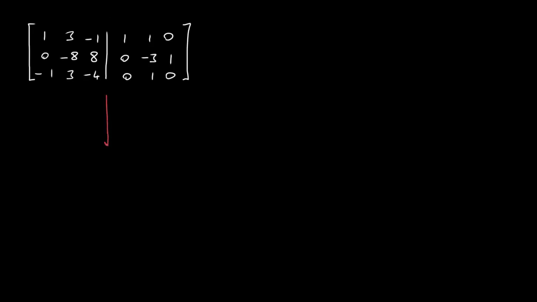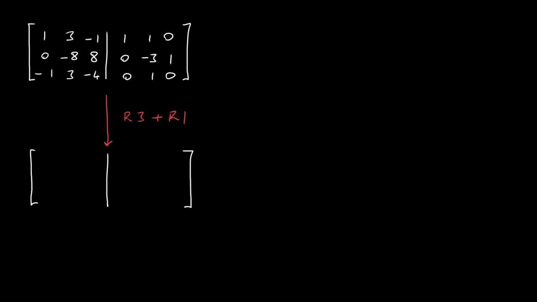Now remember, you don't necessarily have to use these particular steps. You might have your own version of this solution, but this is just the way I'm doing it. What we're going to do now is take row 3 and add row 1 to it.